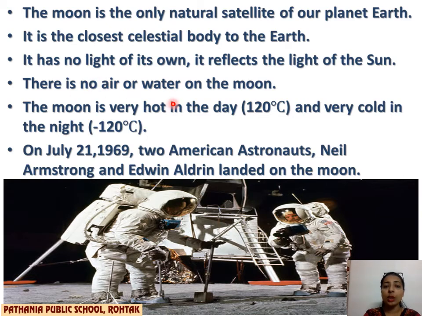There is no air or water present on the moon. The moon is very hot in the day, approximately 120 degrees Celsius, and very cold in the night, minus 120 degrees Celsius. On July 21, 1969, two American astronauts, Neil Armstrong and Edwin Aldrin, landed on the moon.